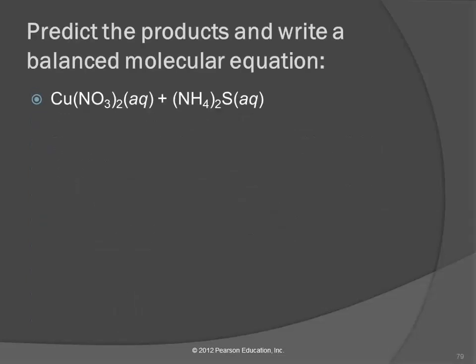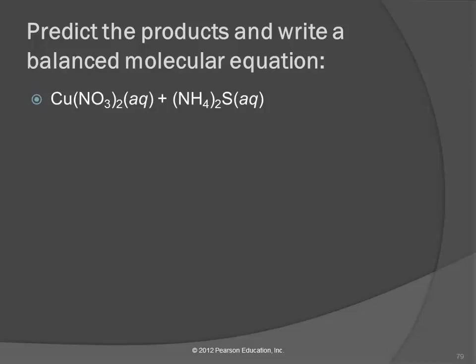Here are a couple of examples for us to practice predicting products and balancing equations, because I think many of you could still use some help with that. So predict the products and write a balanced molecular equation for this reaction between copper 2 nitrate and ammonium sulfide.